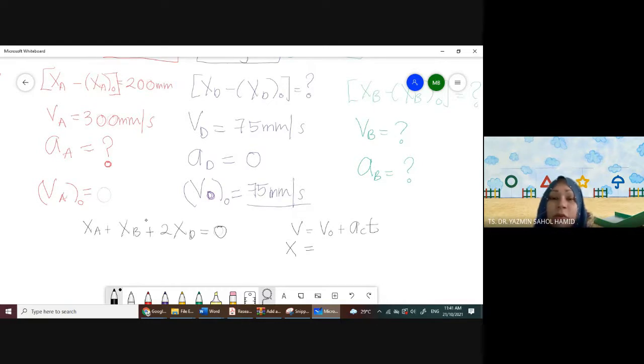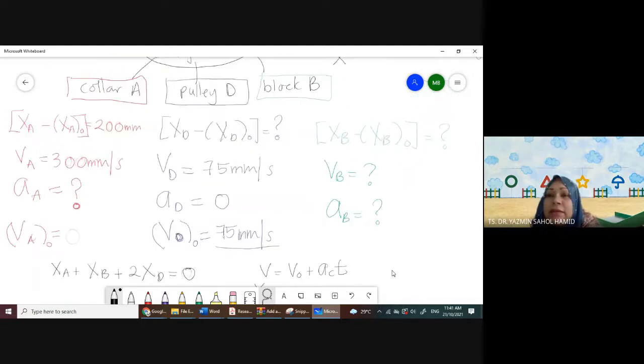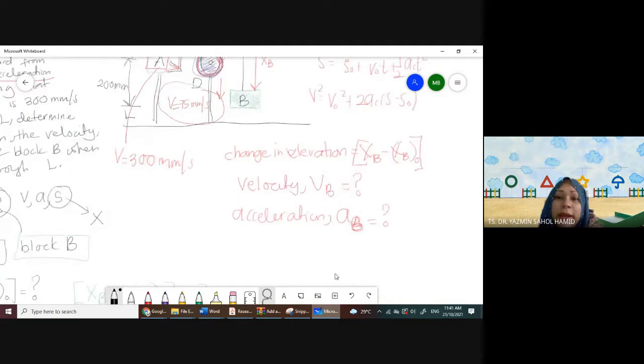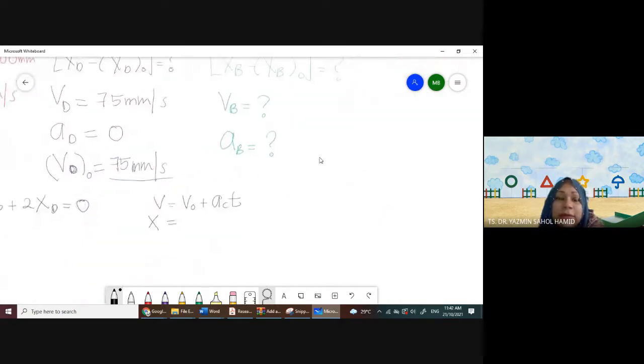And then we use X, X equals to... Do you know why I'm using X? This is the basic kinematic equation, but right now the S, which is the displacement or change in position, I'm using as X because we have defined the length of the string as X. That's why I want to use X. Are you okay, guys?